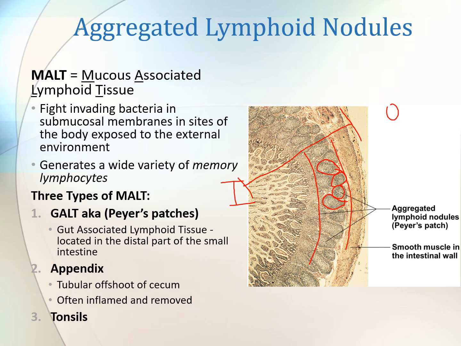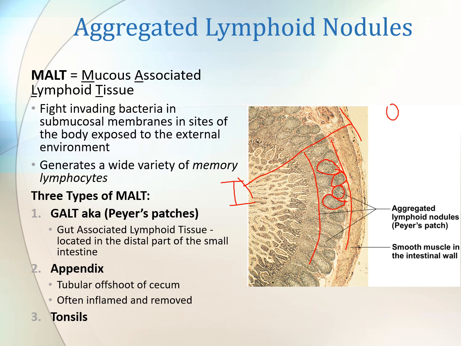Those are the Peyer's patches, which are aggregated lymphoid nodules. And then our appendix. Our appendix is essentially an aggregated lymphoid nodule. It's just a bunch of lymphocytes in that little tube off the cecum.